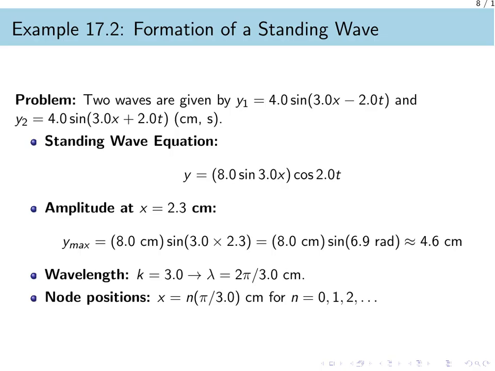If we want to find the maximum displacement at a specific point, like x equals 2.3 centimeters, we calculate 8.0 times the sine of 6.9 radians, which gives us approximately 4.6 centimeters. We can also determine the wavelength by using the wave number k, which is 3.0. Since k equals 2 pi divided by the wavelength, the wavelength is 2 pi divided by 3.0. This allows us to locate nodes at any position x that is a multiple of pi divided by 3.0.